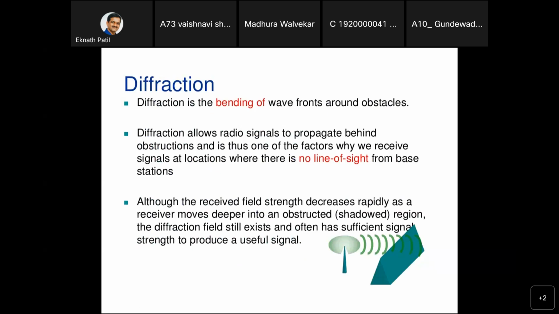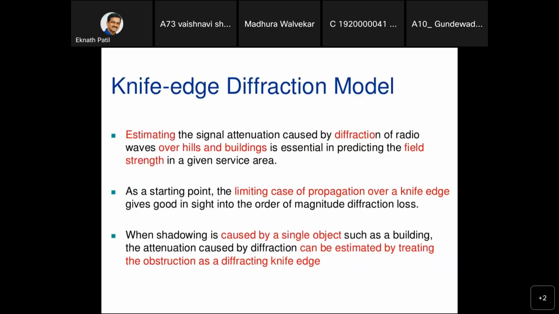Although the received field strength decreases rapidly as the receiver moves deeper into the obstructed, that is shadowed region, the diffraction field still exists and often has sufficient signal strength to produce useful signals. You have to keep in mind that diffraction is the bending of the signals. In the shadow region also we are getting the signals, and that is because of the bending of the signals.